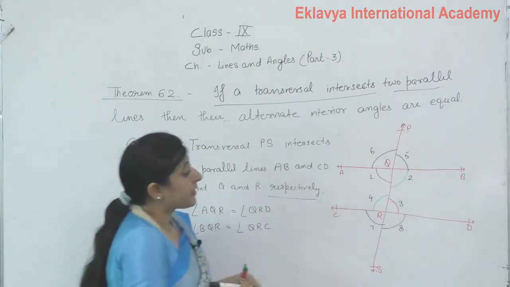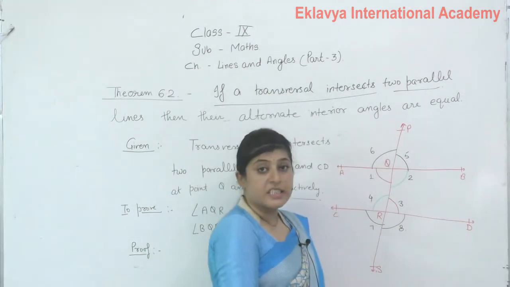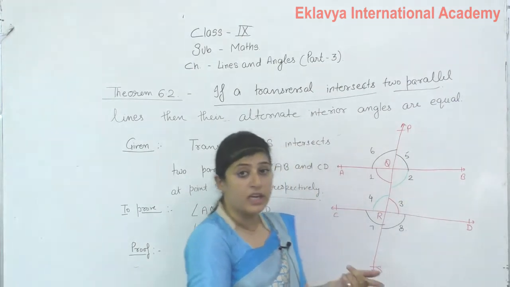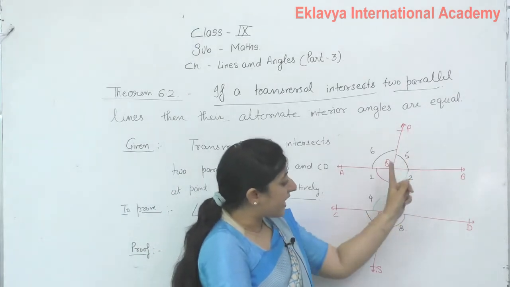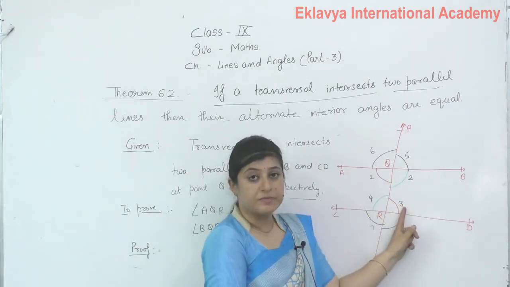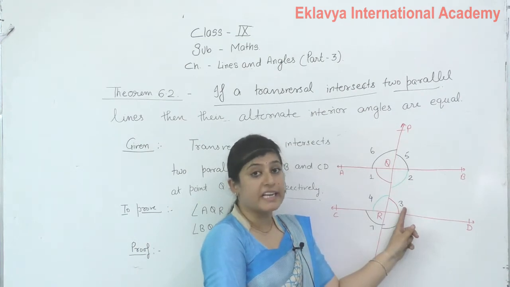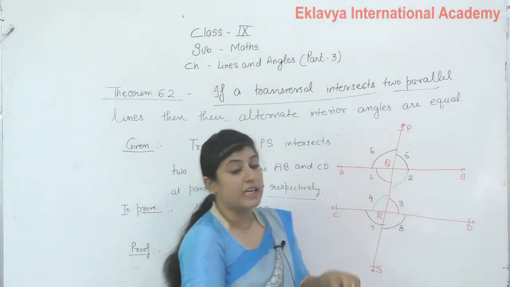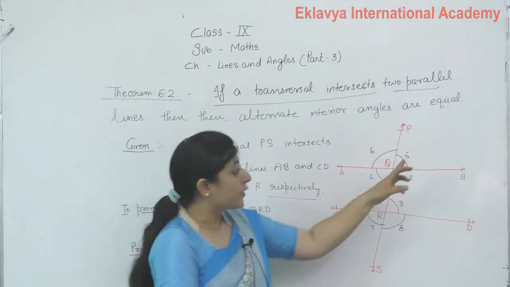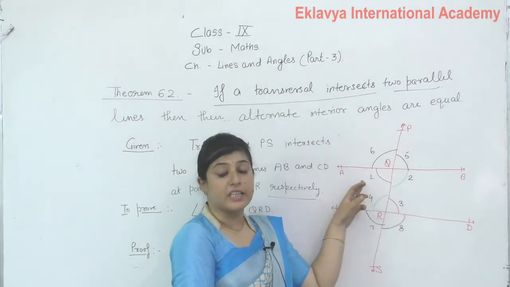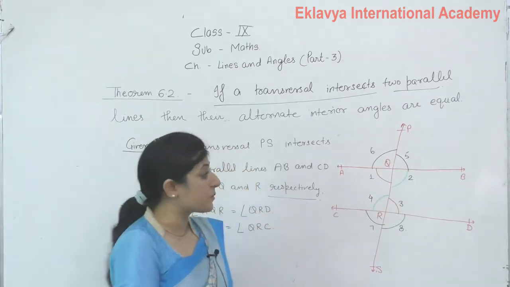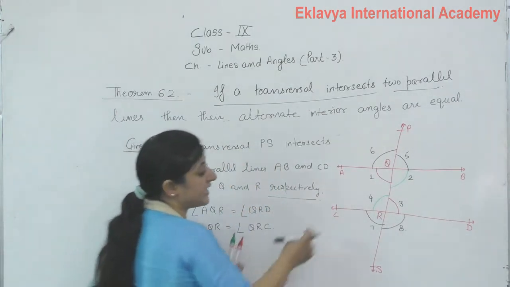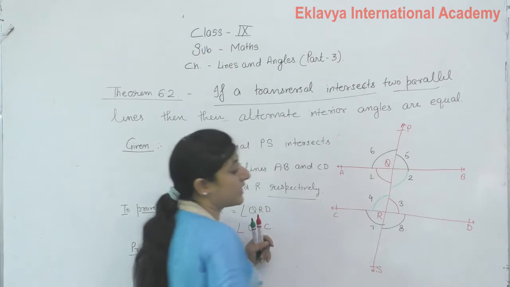When a transversal intersects two parallel lines, their corresponding angles are equal. So angle 5 is equal to angle 3 by the corresponding angle axiom. Next, angle 5 is equal to angle 1 because they are vertical opposite angles. We already proved theorem 6.1. Now from equations first and second we can say angle 1 is equal to angle 3.